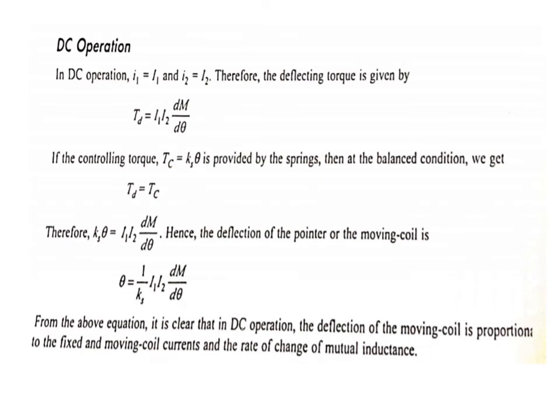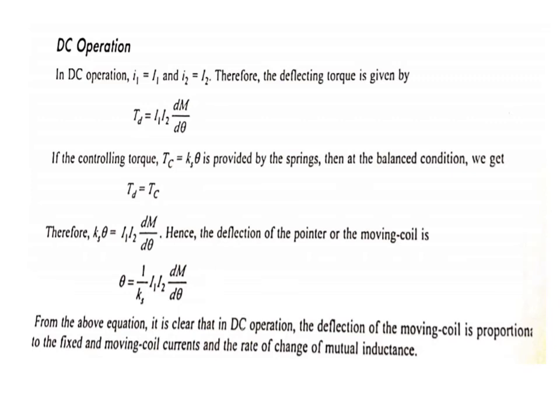As I said earlier, this dynamometer type voltmeter is used for both DC and AC operation. For DC operation, in a balanced condition, obviously the controlling torque is equal to the deflecting torque, so Td = Tc. Td is I1 I2 dM/dθ, and Tc is nothing but Ks into θ, where Ks is a constant.